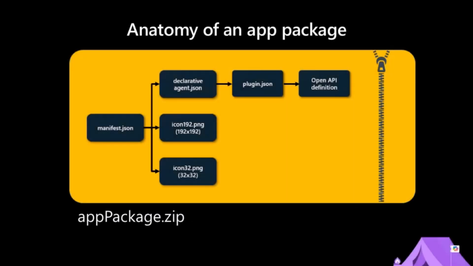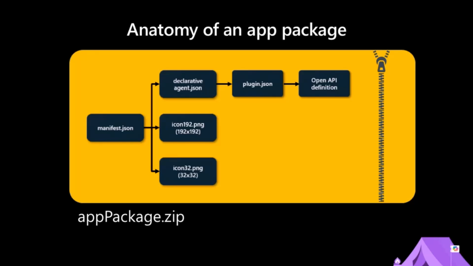To expose this in Copilot, we're going to have to put together an application package, which is a bunch of JSON files and a couple of icons, all zipped into a zip archive. The manifest tells Copilot that there's an application and gives basic information, and then the declarative agent, plugin, and OpenAPI definition files provide all the information about what the declarative agent is supposed to do and how to call the API.